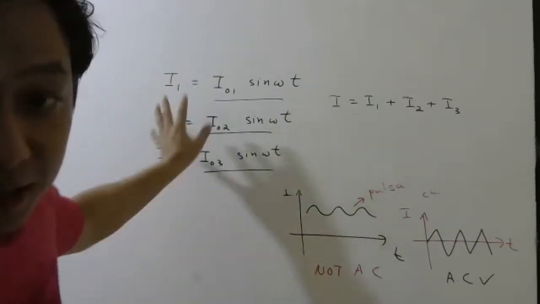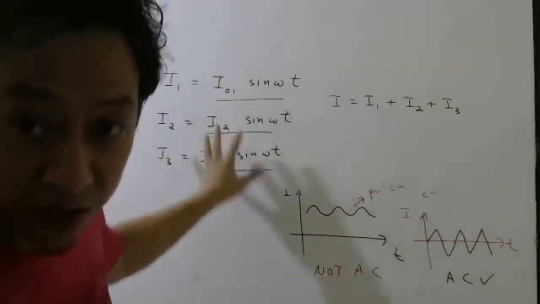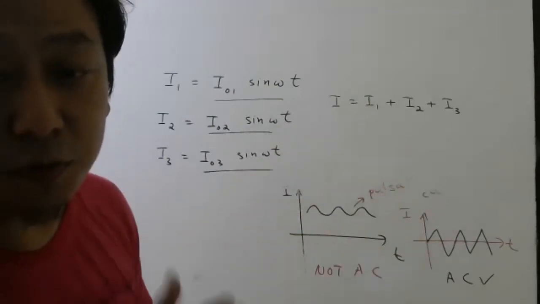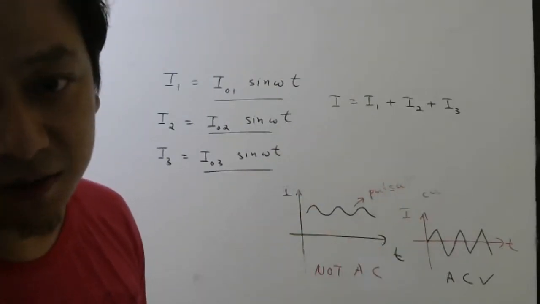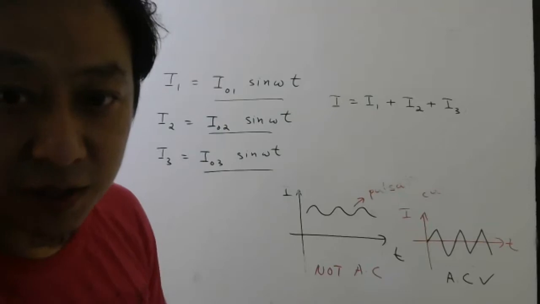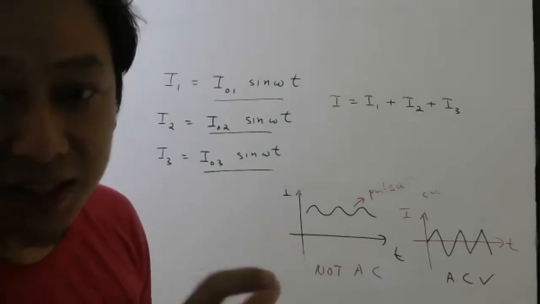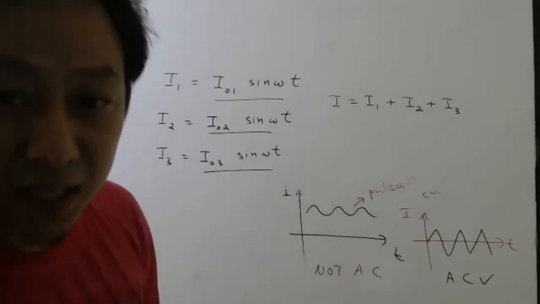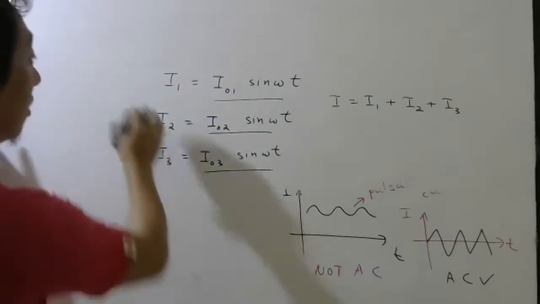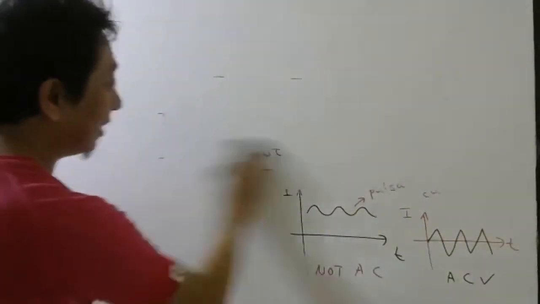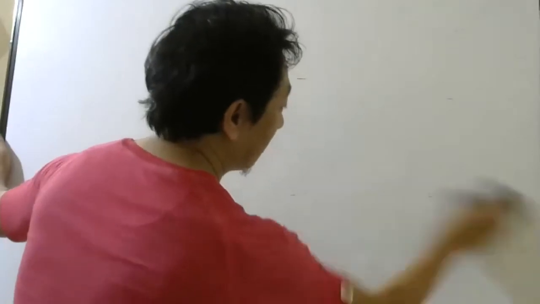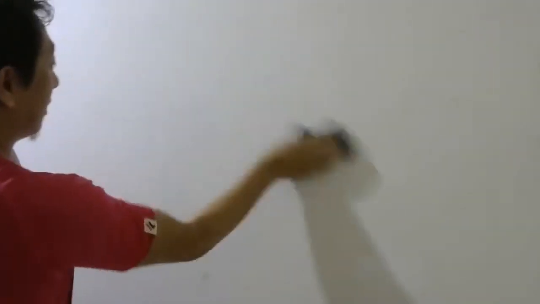So adding this kind of alternating currents becomes very difficult if you follow trigonometric algebra. Whatever identities you have done in trigonometry, if you start using and solving, it takes a lot of time. So we have a technique called phasor technique, which I want to tell you now.